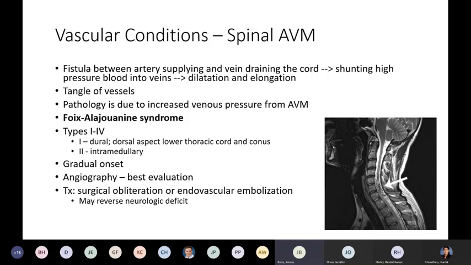There is potential for improvement with treatment of the AVM, either surgical obliteration or endovascular embolization. So this is an important part of the workup for people who present with concern for AVM, as intervention may actually reverse the neurologic deficit or give some degree of improvement.